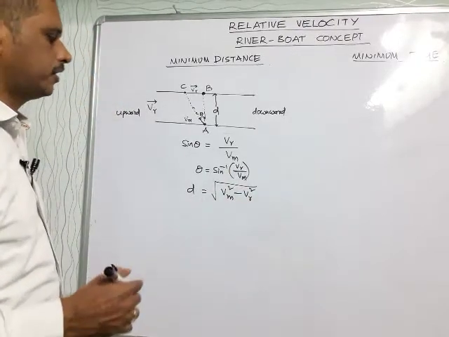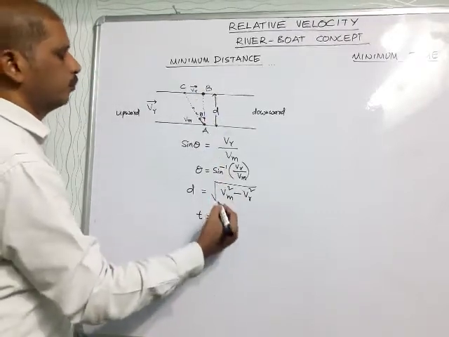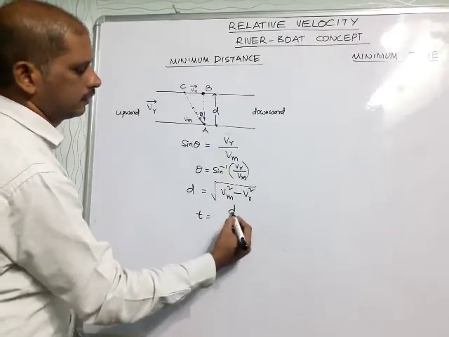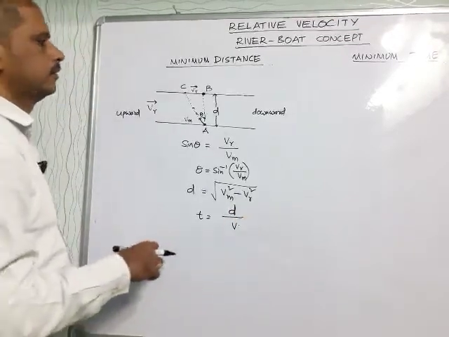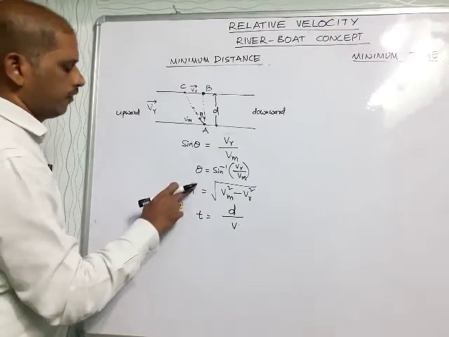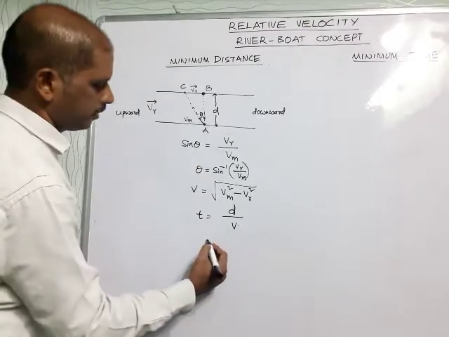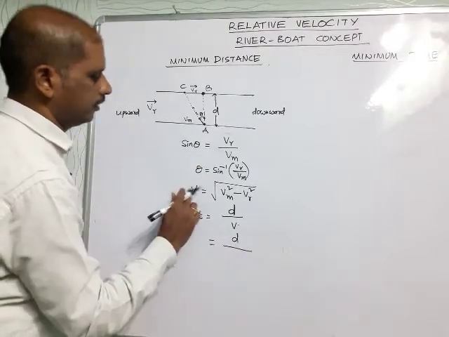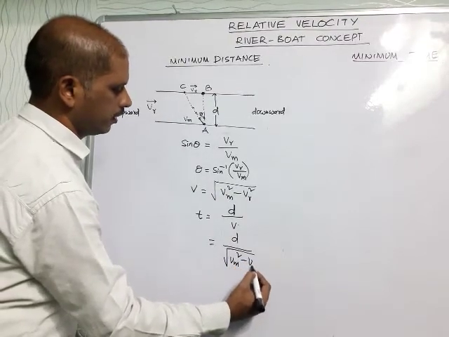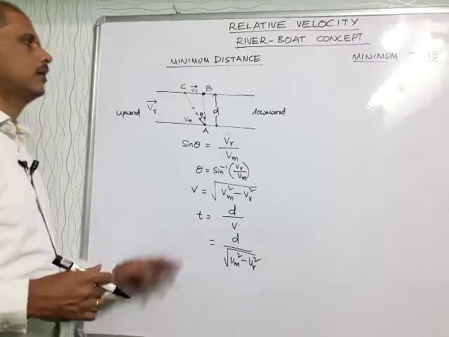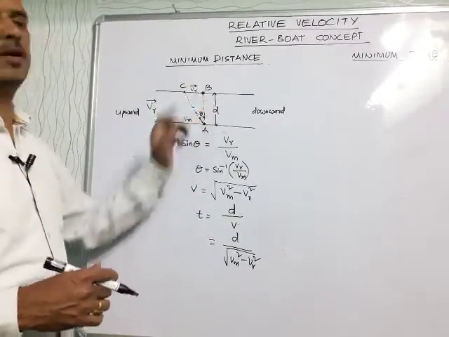Now if you want to calculate the time period, t is equal to distance by velocity. So t is equal to d by the resultant velocity, square root of Vm square minus Vr square, which will give the time when the man is moving in a minimum distance.